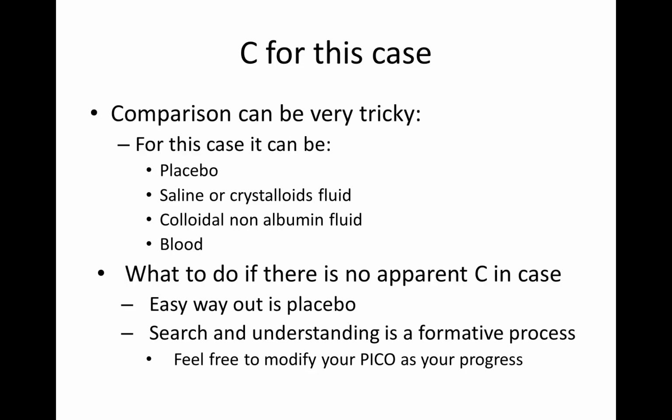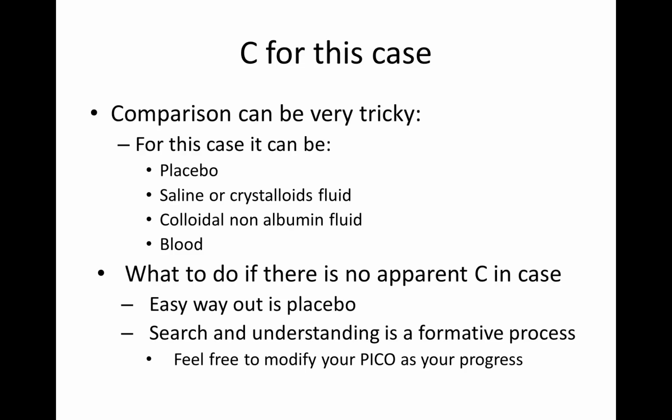So you can't just use blood because then it can cause increased viscosity, increased load of packed blood cells, and then can also cause complications like thrombosis and transfusion reactions. So you can't just simply choose something. So if you are choosing blood, I would need to see a very good justification from your side for why you are using blood in this case instead of crystalloid or colloid or placebo.